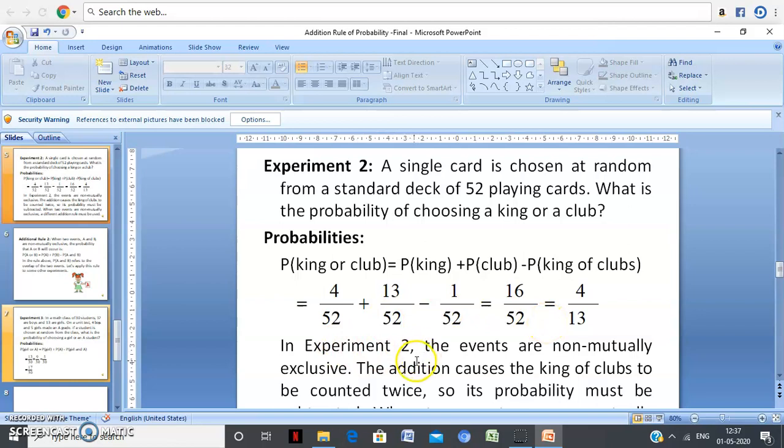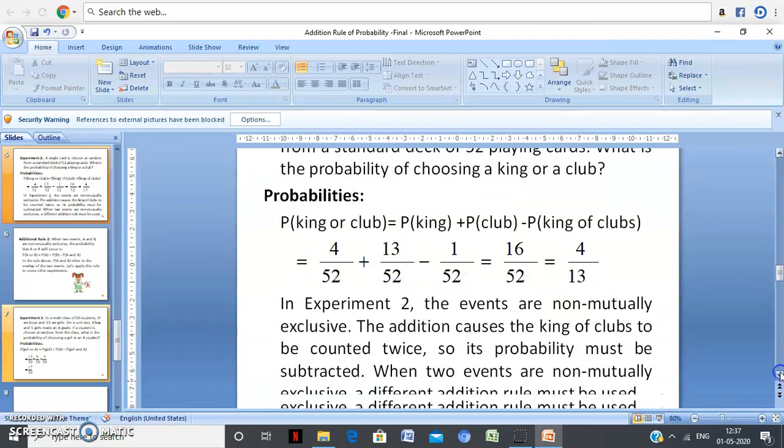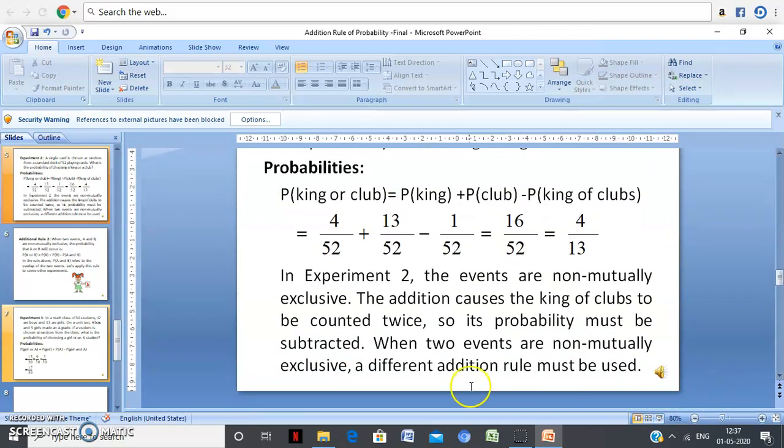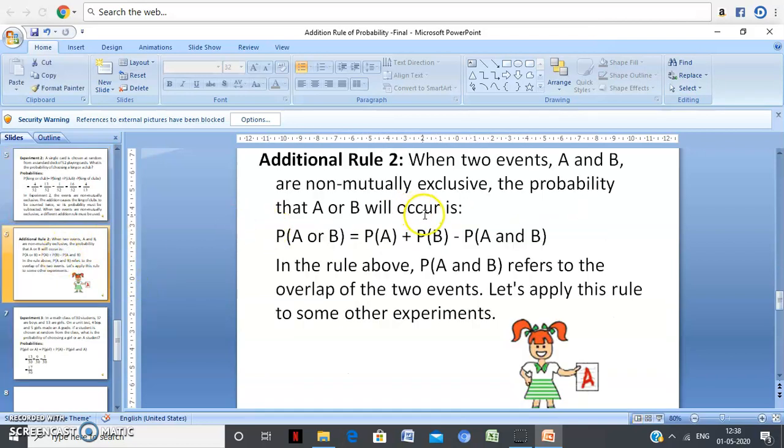In experiment 2, the events are non-mutually exclusive. The addition causes the king of clubs to be counted twice, so its probability must be subtracted. When two events are non-mutually exclusive, a different addition rule must be used. Addition rule 2.